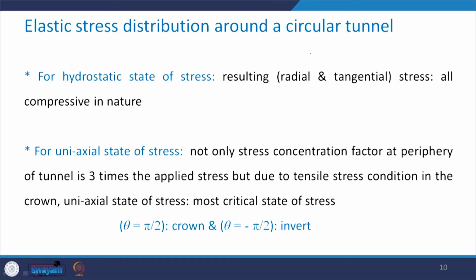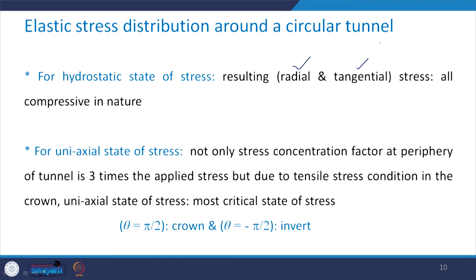So, we have seen that for hydrostatic state of stress, both the radial as well as the tangential stresses, they are all compressive in nature. We saw that the stress concentration factor was all positive in that case.